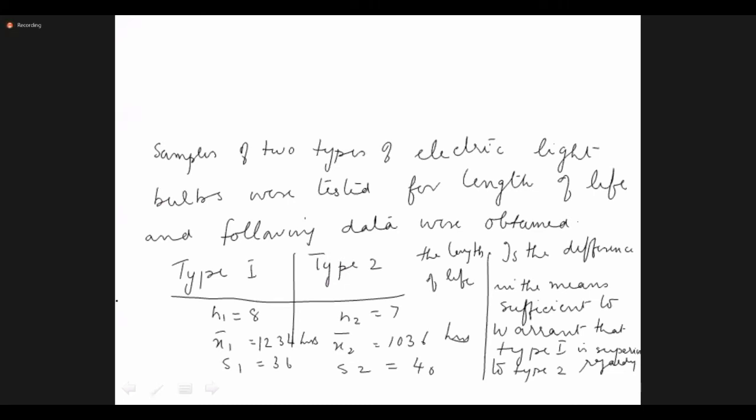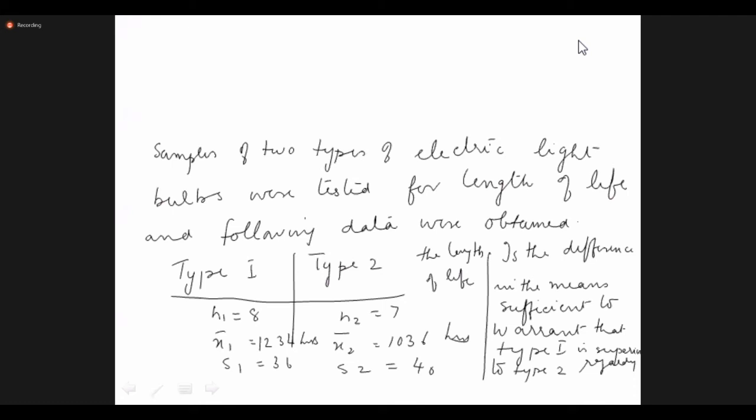Type 1 is superior to type 2, so it is a right tail test.